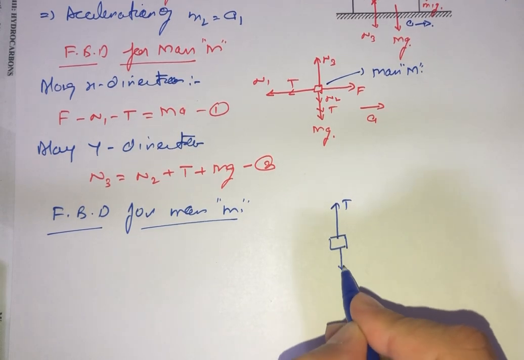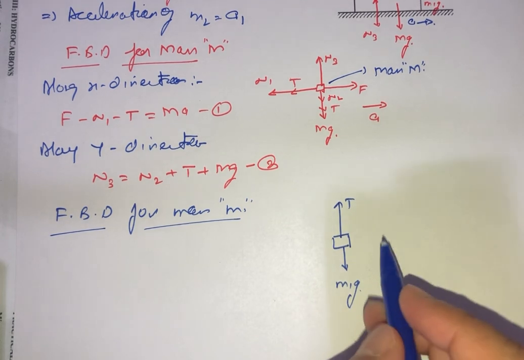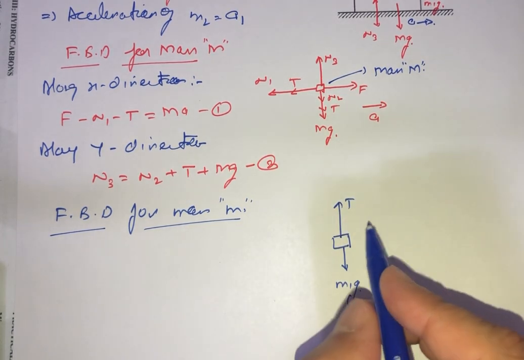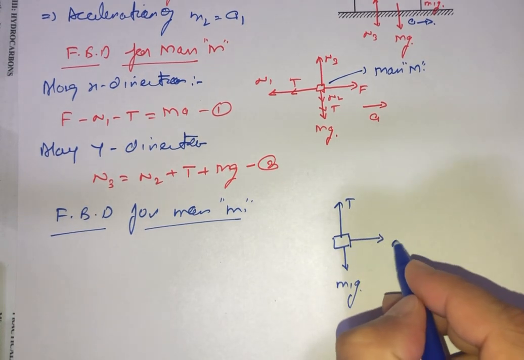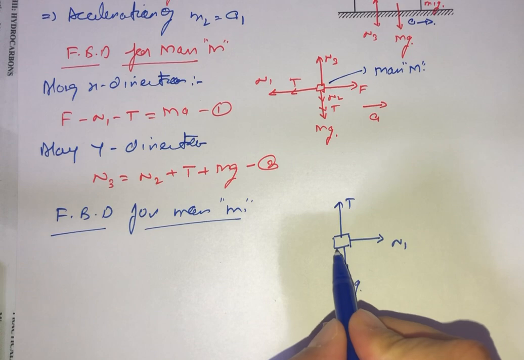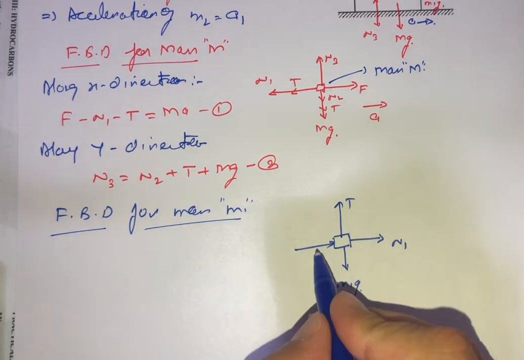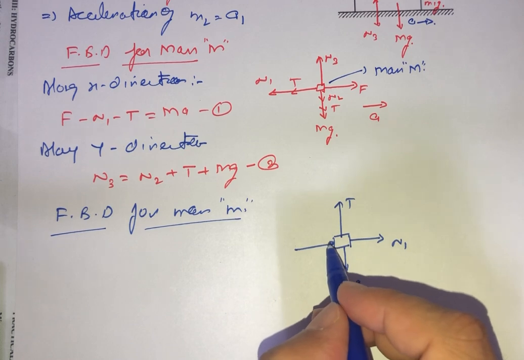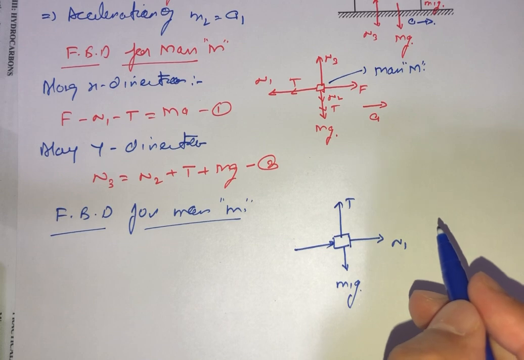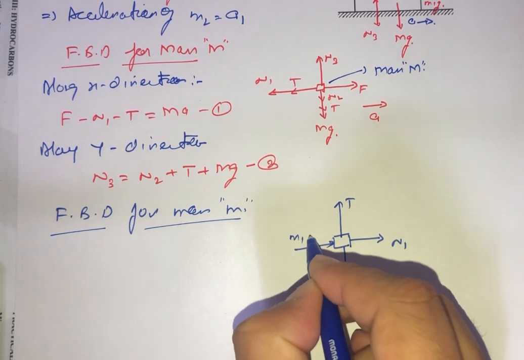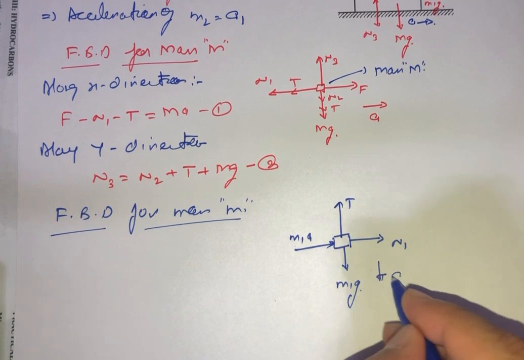We have m1g in the downward direction, and towards the side we have a normal, that is N1, and there will also be in this direction an acceleration of m1a. And in the downward direction it is going to have acceleration a1.